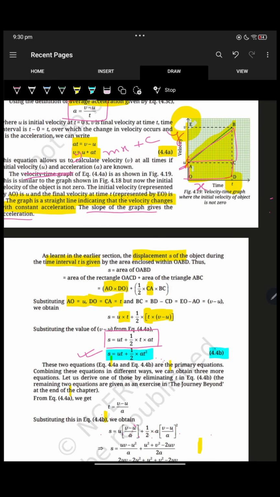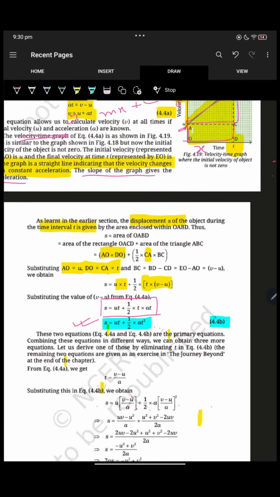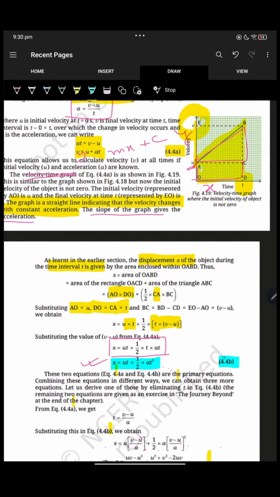What was the previous one? V is equal to U plus AT. Now do write these equations of motion separately such that you remember them properly. If you are told to derive it, then you can derive it like we have derived it here: if we have to find the displacement S of the object for the time interval T, then we have to find the area under the plot.